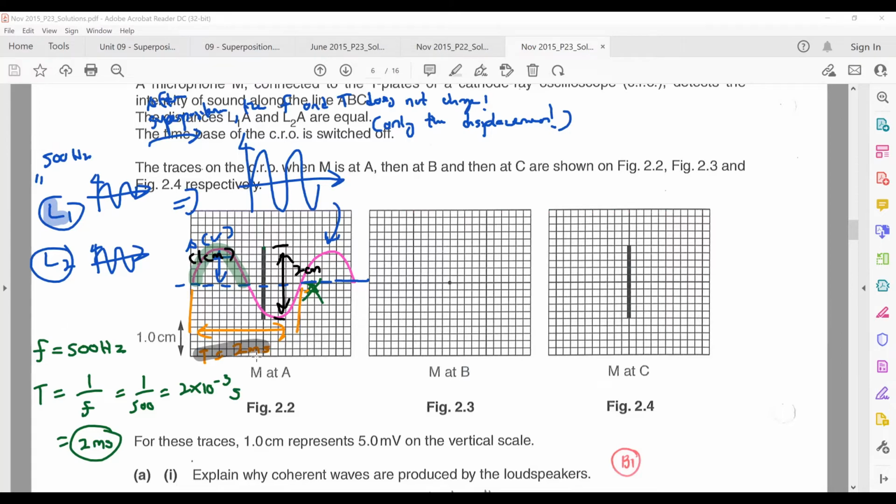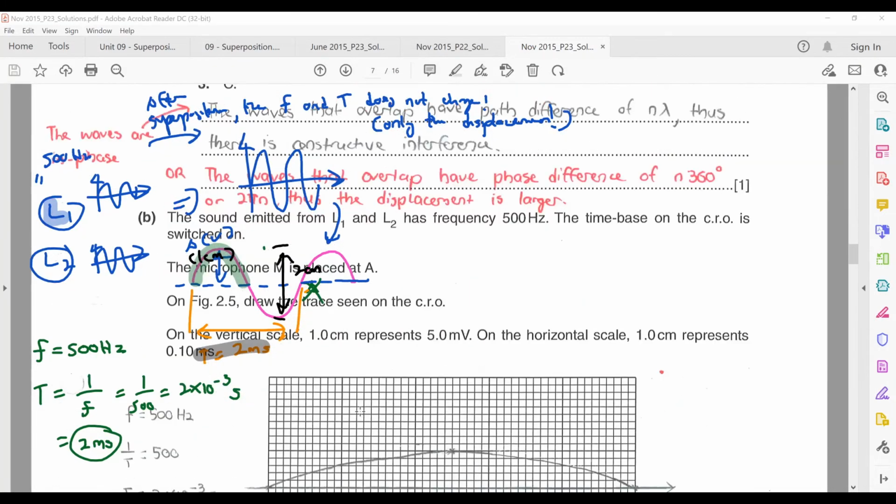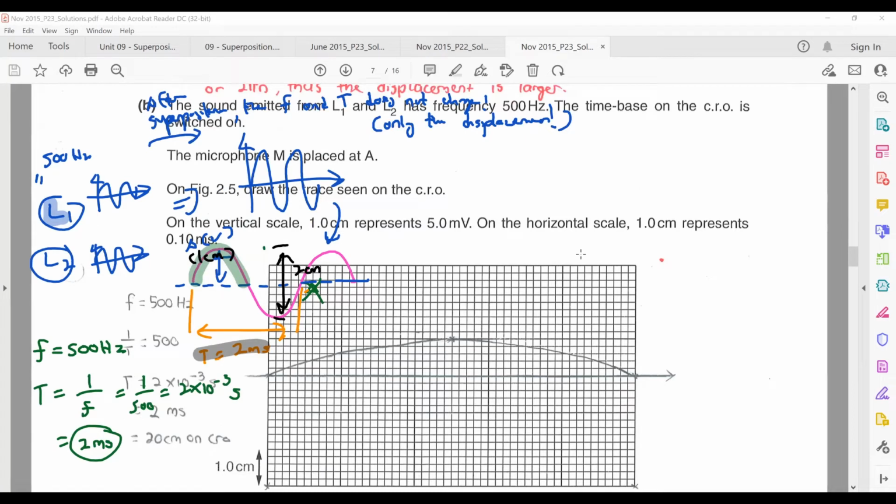So with that in mind, you look at your CRO screen here. This one is 1 centimeter, so your wave amplitude will really only be 1 centimeter. You should only occupy 1 centimeter here. Now, why is it that it doesn't show you the full waveform?